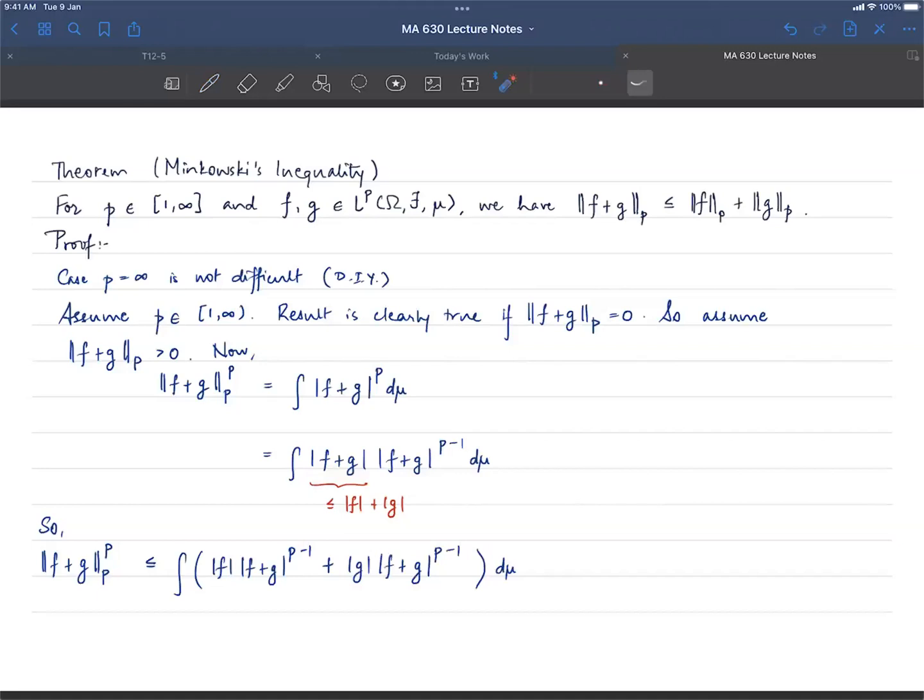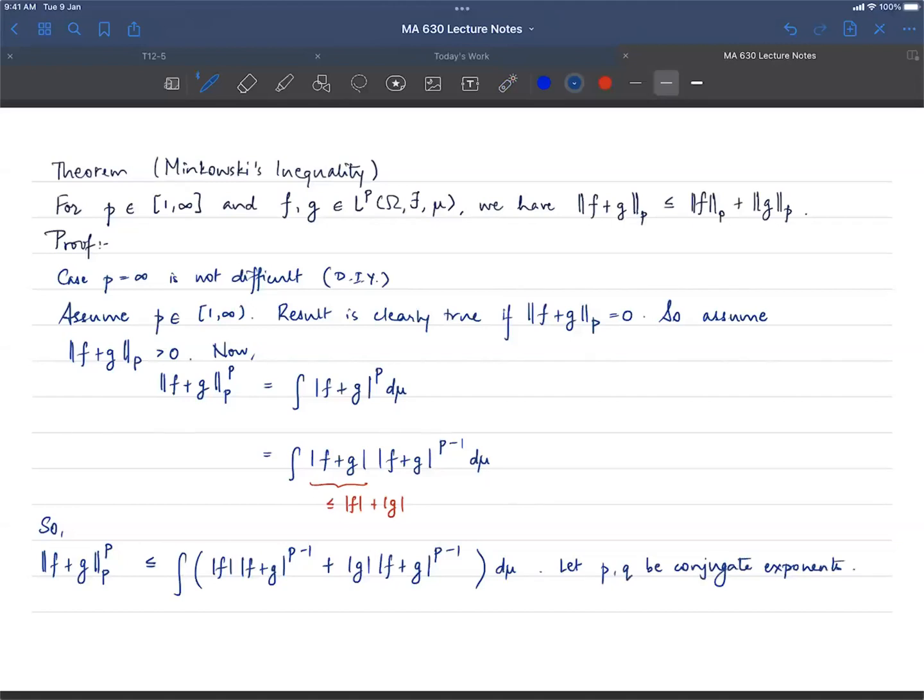Okay. So now I'm going to make a claim. Okay. So let p, q be conjugate exponents. All right.